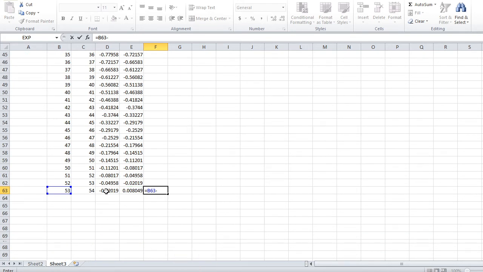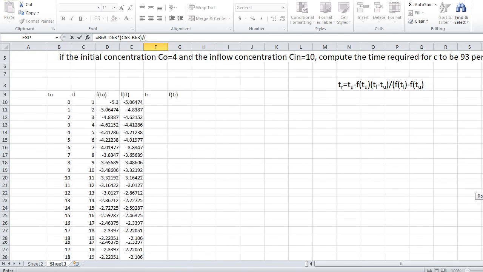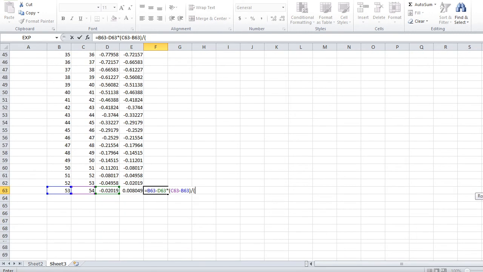F of TU is this one, multiply TL minus TU, and whole divided by F of TL minus F of TU.